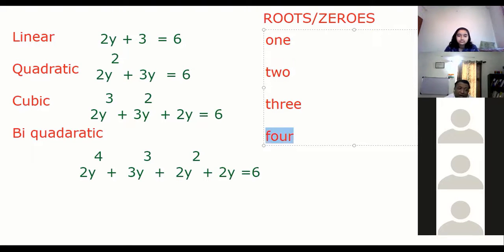Similarly, there will be 4 values for a biquadratic polynomial where the whole polynomial becomes 0. That is the meaning of roots and zeros. Now, graphically, what it means, I am going to explain very easily. Please take a screenshot of this. The roots of a polynomial, depending on the type of polynomial, can be 1 root, 2 roots, 3 roots, 4 roots, or many roots. Simple.